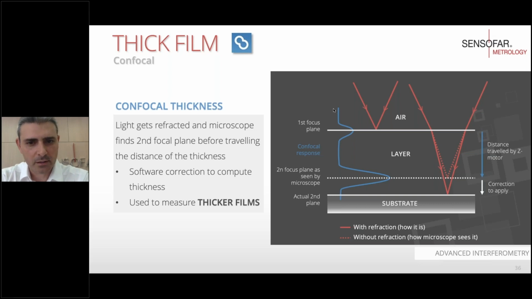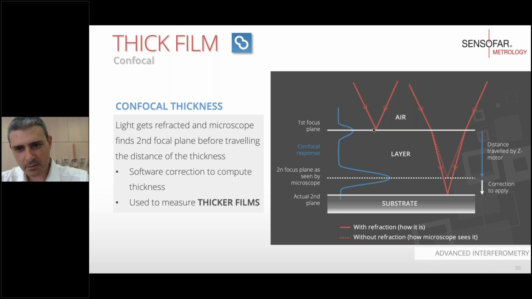What happens with confocal is that when we are focusing the microscope on the top, on the interface between the air and the measuring layer, we have a real focus, that is the fast red rays. But when we are scanning along the optical axis, the rays coming from the optical components get a refraction.